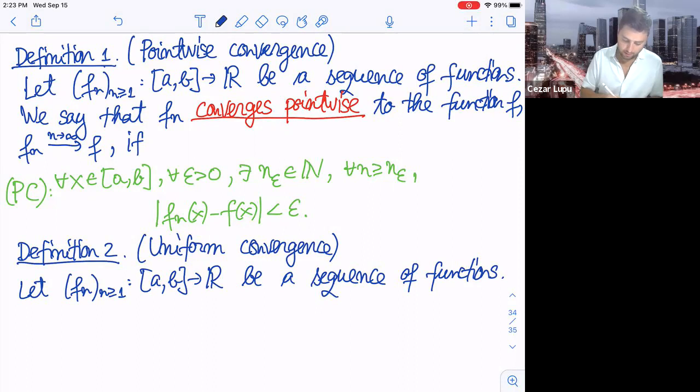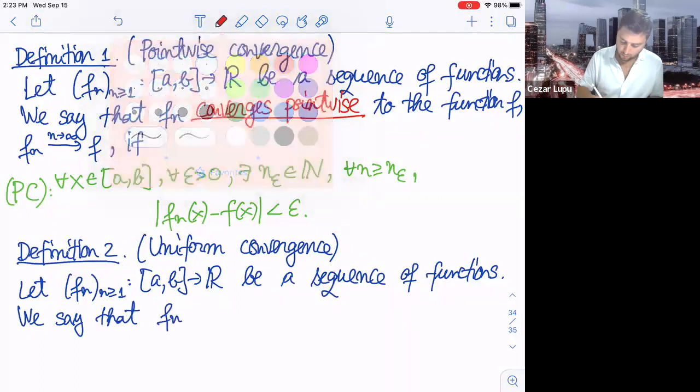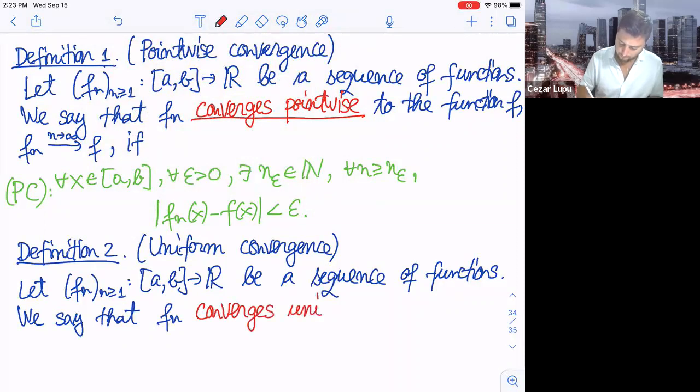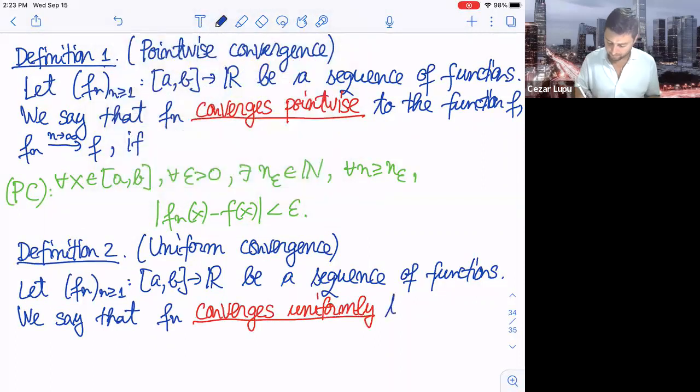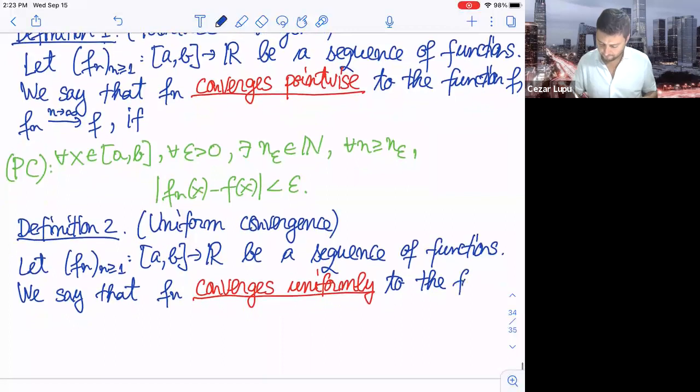We say that f_n converges uniformly to the function f, right?